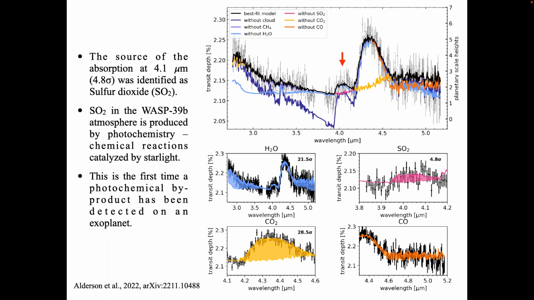That means that it's due to the irradiation coming from the star, so a chemical reaction due to the starlight. And this is the first time that we observe something like this. So this was expected, but this was not expected. So it's a surprise.